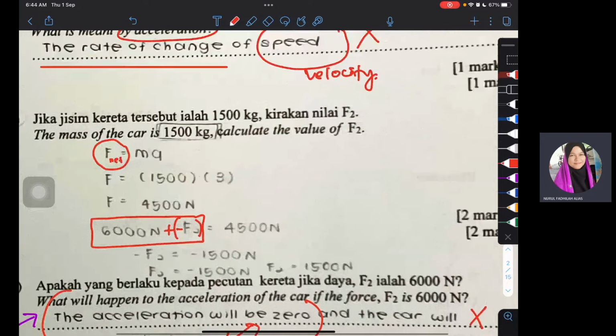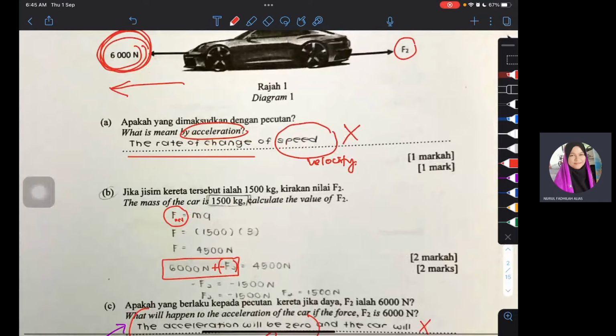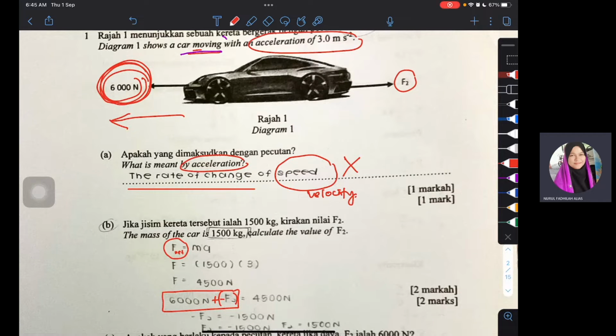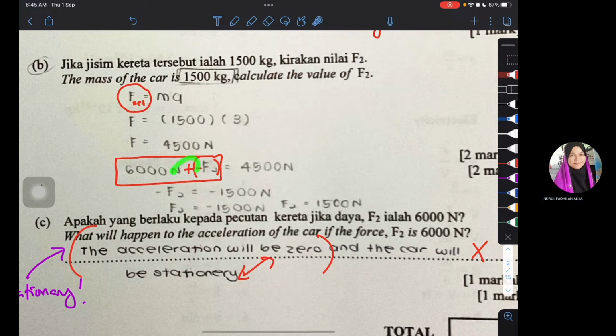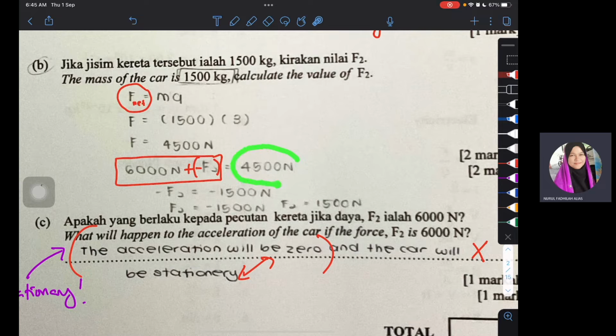Why do we minus? Because force is a vector quantity. Vector quantity means we have to take into consideration the direction. If this is the positive direction, this will be the negative direction. So positive and negative give negative. So rearrange, and then this one equals 4,500.